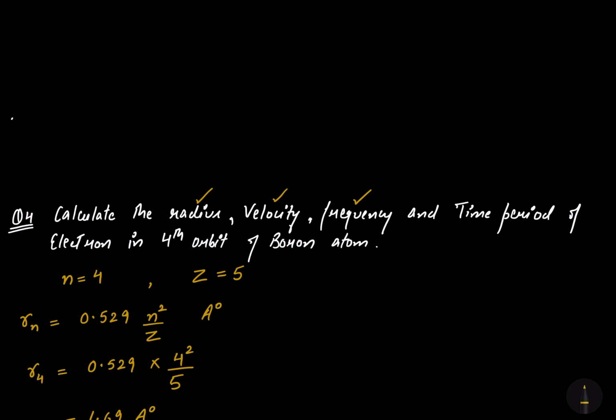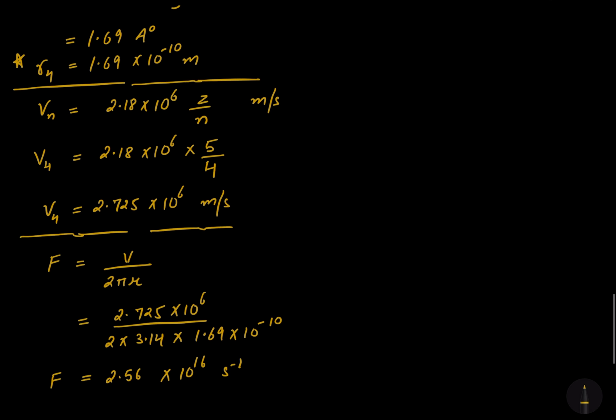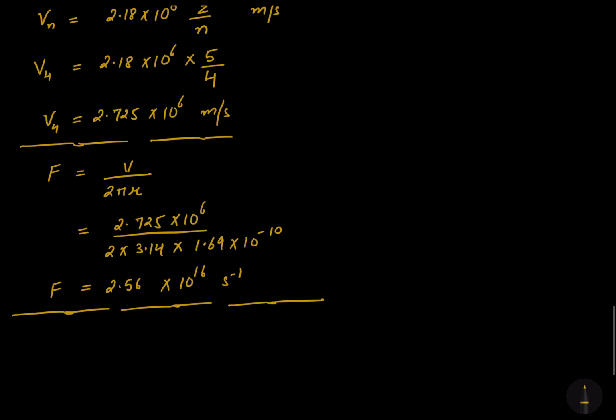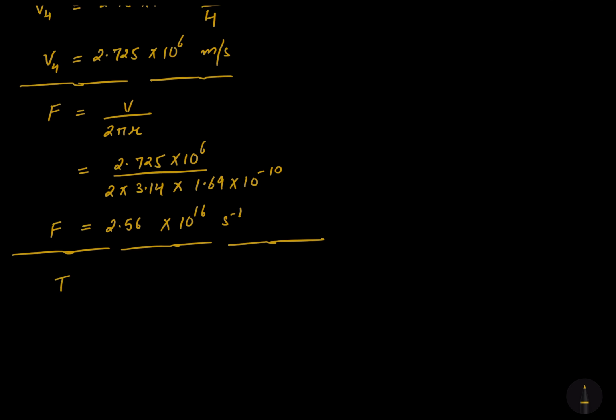Now let's talk about the time period of revolution. Time period of revolution stands for the time in which the electron completes one revolution around the nucleus. So the time period will be equal to 1 divided by frequency, the inverse of frequency. So it comes out to be 1 divided by 2.56 into 10 raised to the power 16.